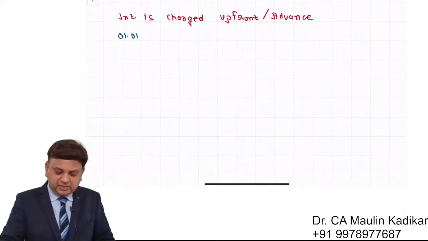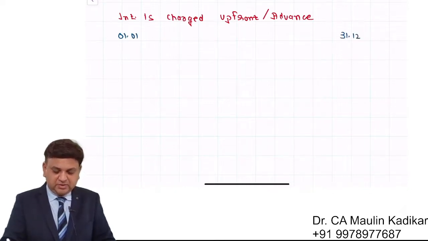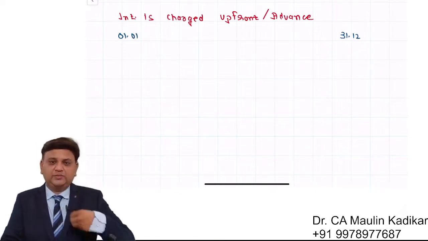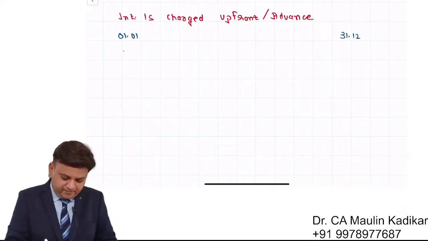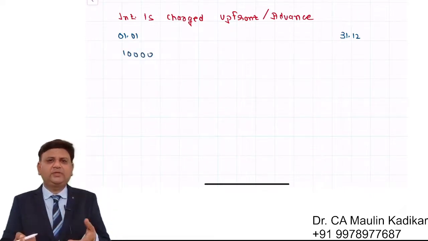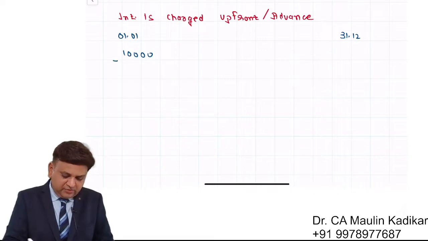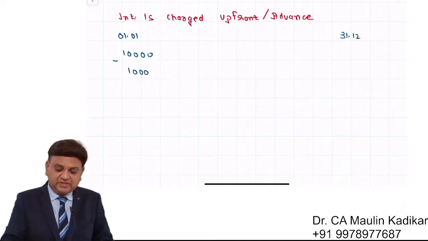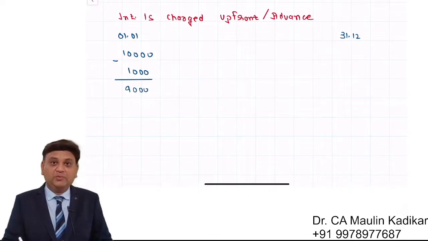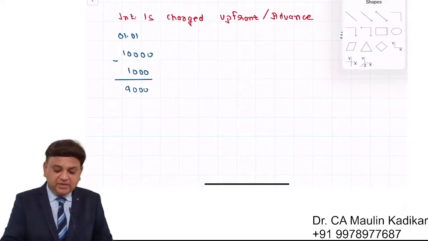End of year is 31st of December. Lender will give an amount of 10,000 rupees of the loan. He will compute the interest amount, it is 1,000. He will deduct 1,000 rupees on the very first day, that is interest is charged upfront, and only 9,000 rupees will be given to the borrower.